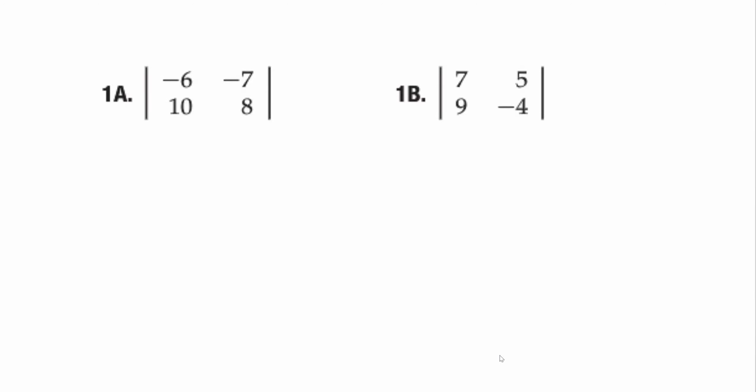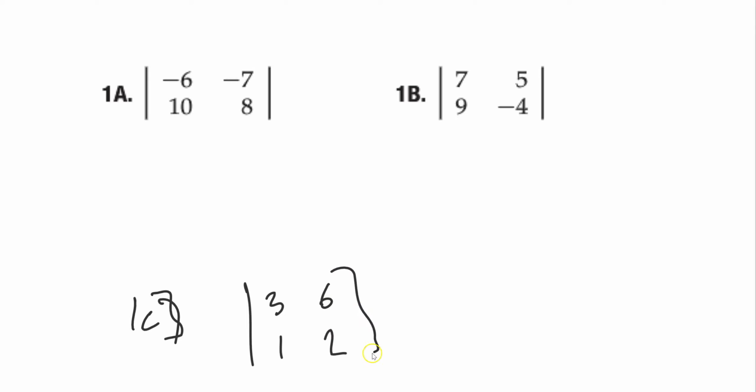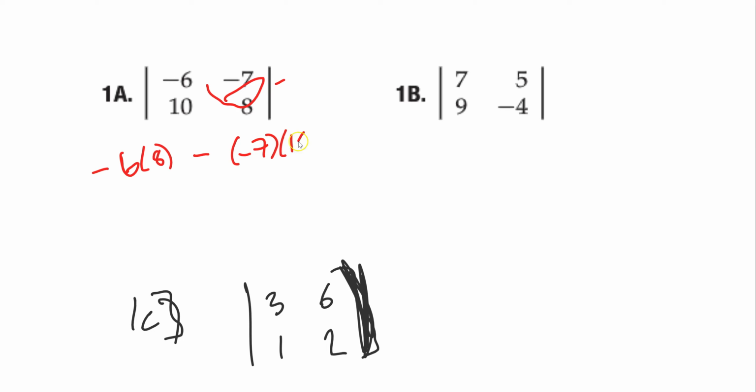Let's do a few more quick examples. Determinant of this, down minus up: negative 6 times 8 minus negative 7 times 10.